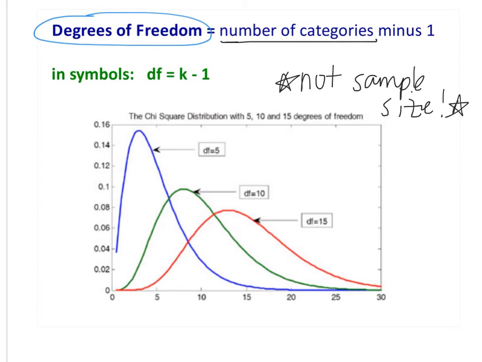So it's the number of categories minus 1 is my degrees of freedom, or df equals k minus 1, where k is the categories. You can see the bigger my degrees of freedom get, the less skewed, the lower the peak gets on my chi-squared curve.